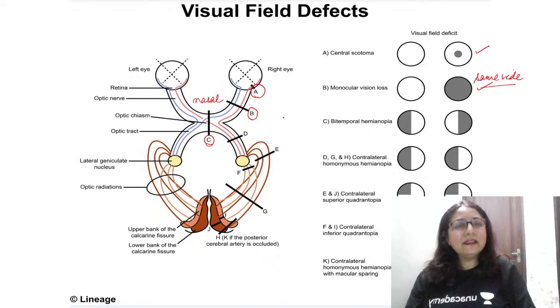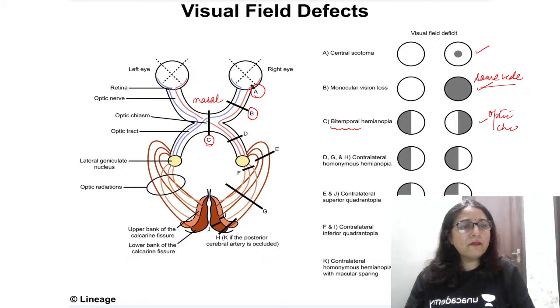So if the nasal fibers of both sides are being damaged, they will be producing temporal field defect on both the sides. So this is your bitemporal field defect which is produced in the lesions of optic chiasma. And we can now clearly see this defect is what we call as heteronymous defect because it is on the opposite side of the visual field space.